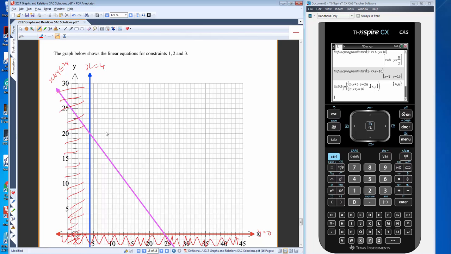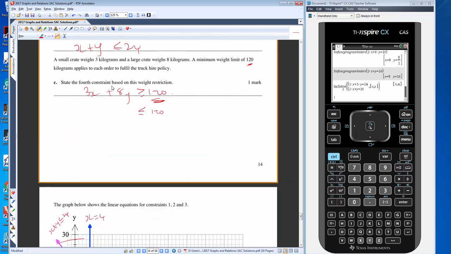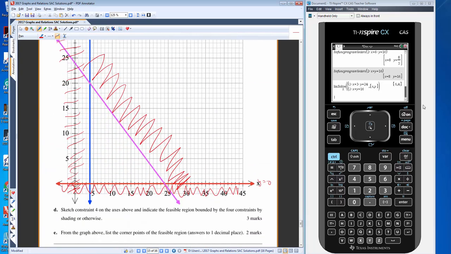This one here is x plus y less than or equal to 24, so test point 0, 0: 0 less than or equal to 24. True, so this side is true, this side is false. And let's graph this last one, which was 3x plus 8y. So let's go to intersect on the calculator. Oops, not that.